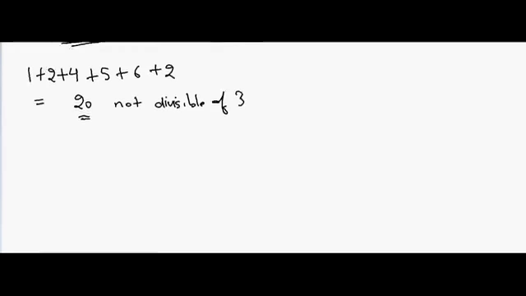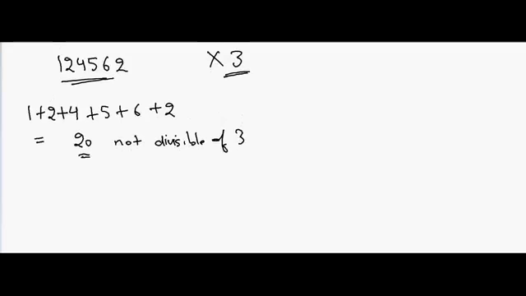So what should the number be if it has to be divisible by 3? Instead of 2, if you make it 3, so 1, 2, 4, 5, 6, and we write 3 in the end, then this sum will become 21. So that number should be divisible by 3.